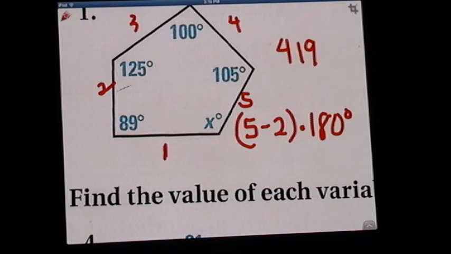I'm going to do it again. 89 plus 125 plus 100 plus 105. I get 419 again. So when I work this out, I should be able to subtract and find x. At the end of this, I'll give you all the answers.